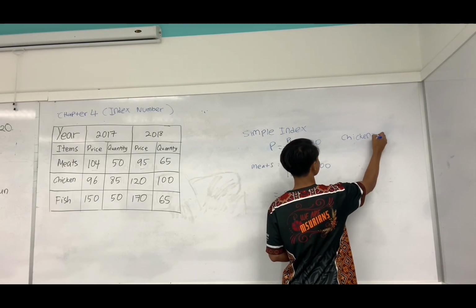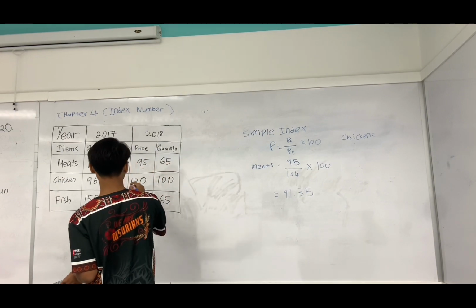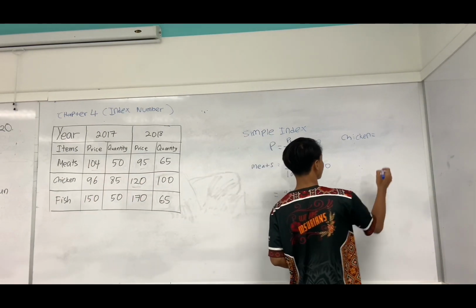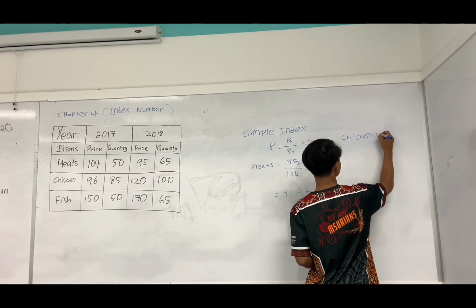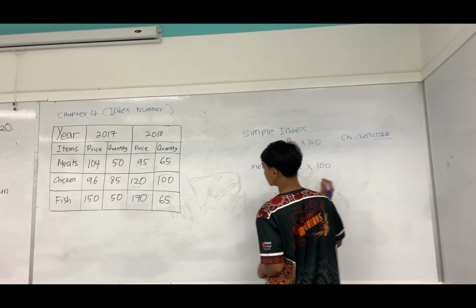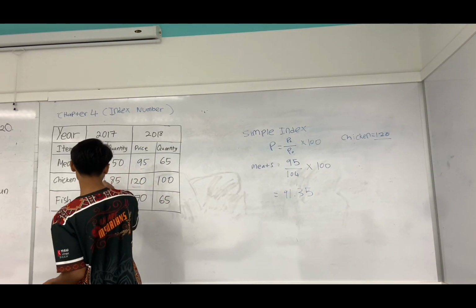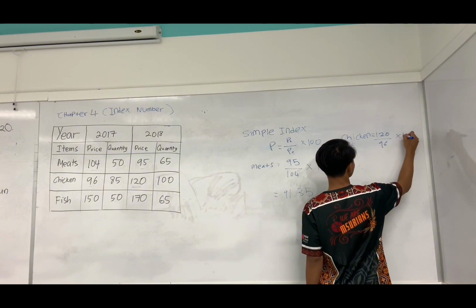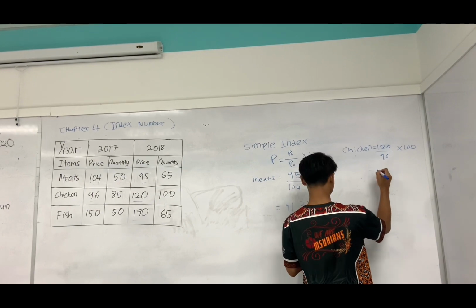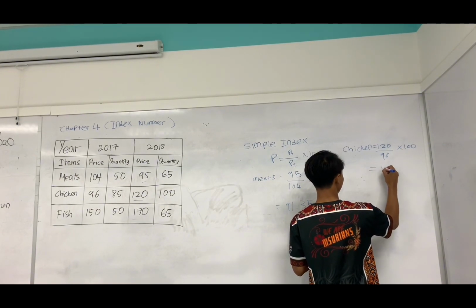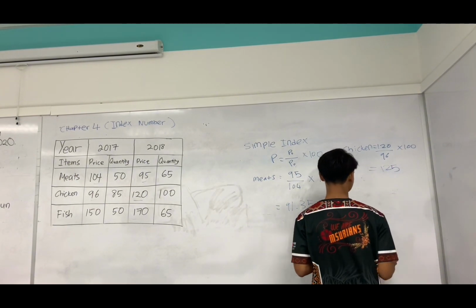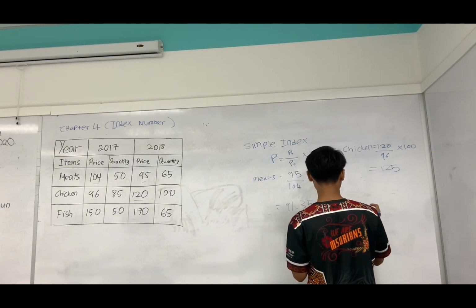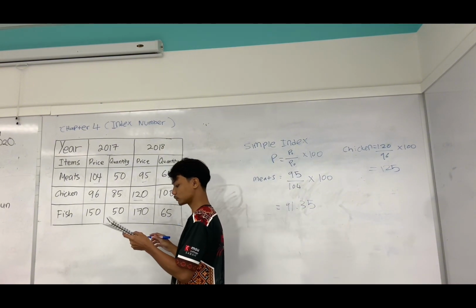For the chicken, the current price is 120 over the previous year price, 96, multiplied by 100, so we can get 125. The last one is fish.